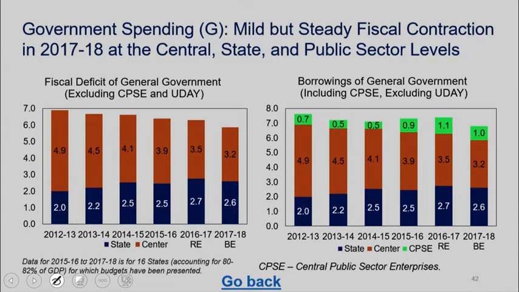And so you may want to look at the chart on the right-hand side, your right-hand side. It includes also central public sector enterprises. So you want to look not just at the fiscal deficit of the states and the center, you want to look at state, center, and general government, because then you can see what the government is going to borrow from the market.